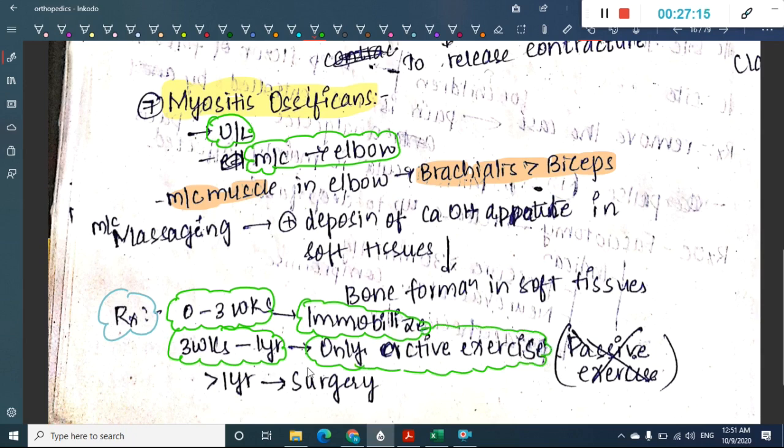If the myositis ossificans has occurred more than 1 year ago, then the only thing is you should do surgery. No conservative management is required. Okay, so this is very important.